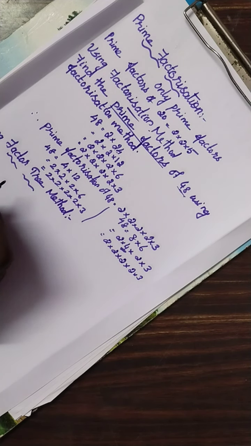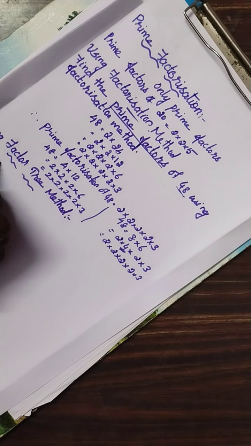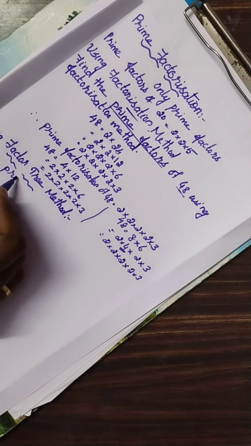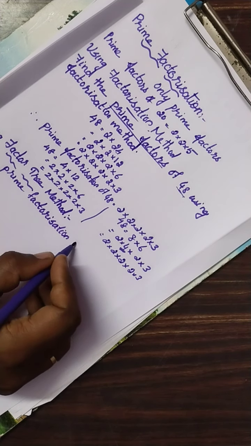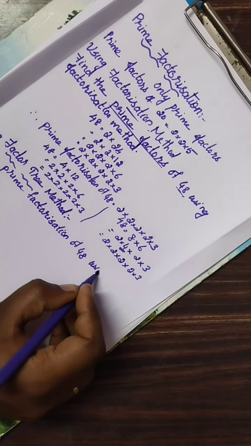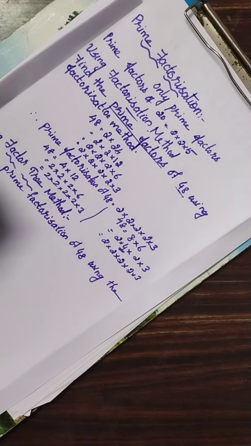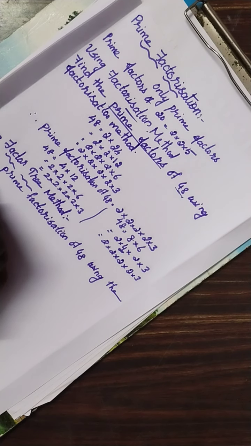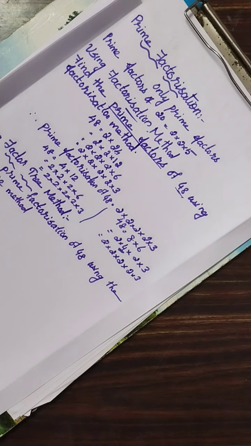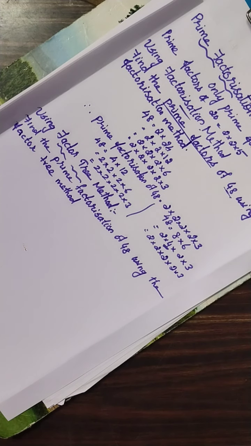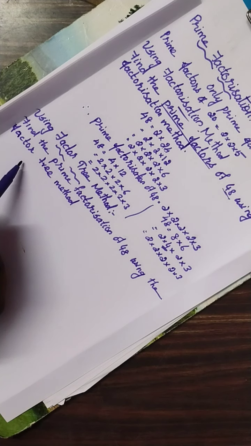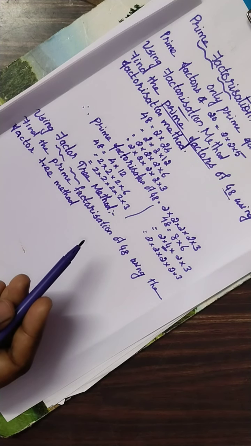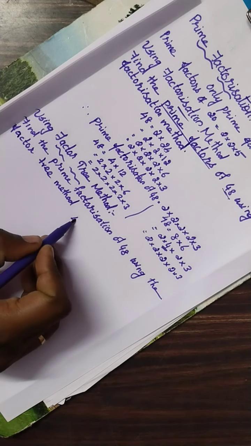The question is to find the prime factorization of 48 using the factor tree method. Here the given number is 48.